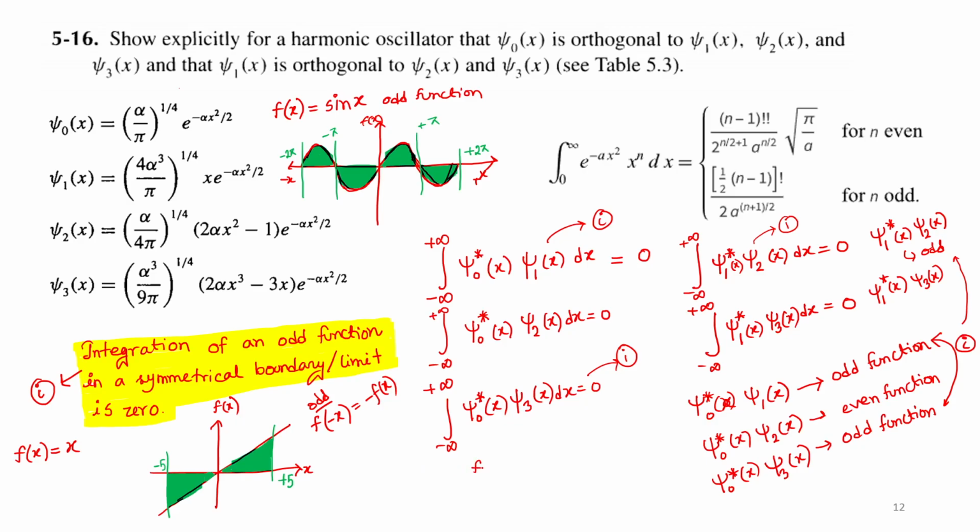Suppose your f of x is cos x. So how does your cos x look like? Minus x, so it starts from here, right?